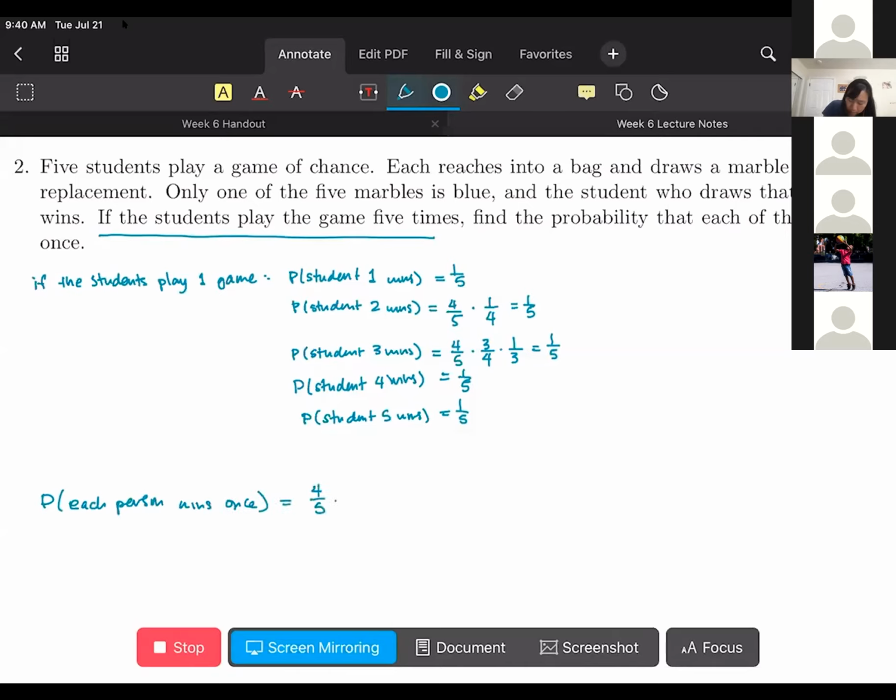In the third game, what's the probability someone different wins from the first 2 games? 3/5. And then the fourth game? It's 2/5. And finally, the probability for the last game that the only person who hasn't won wins is 1/5. So the answer to this is going to be 24 over 625.